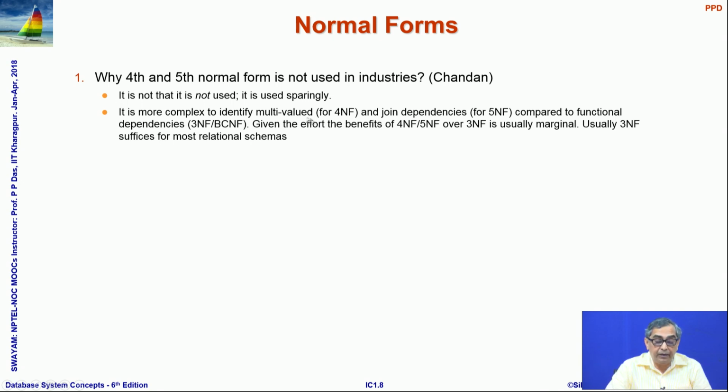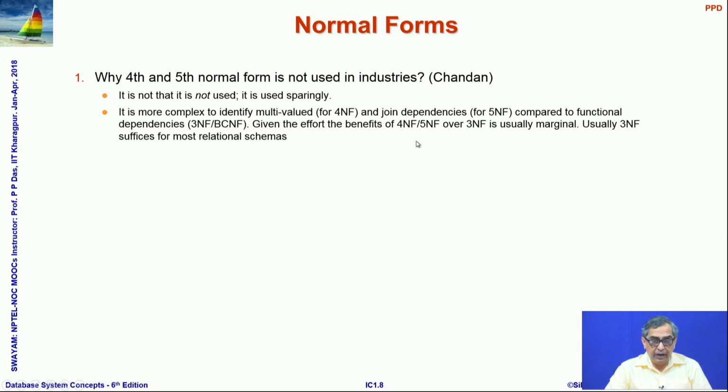Fourth normal form requires analysis of multi-valued dependencies, which are certainly far more complex than functional dependencies. Fifth normal form is analysis of join dependencies, which is even more complex. So, compared to functional dependencies, with which you can do 3NF and BCNF, you need a lot more effort in the design phase, particularly when your design is large, to be able to normalize in fourth or fifth normal form.